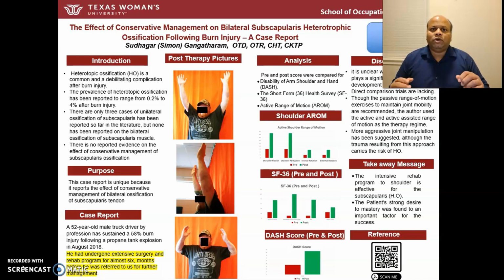At the end of the 8 weeks, the patient's active shoulder flexion was 170 and his active shoulder abduction was 170 degrees. The internal and external rotation of his shoulder was 50 degrees. His DASH score was 85%, and there was also a significant difference between the pre and post Short Form 36 survey. The SF-36 was also significantly different between the pre and post scores.